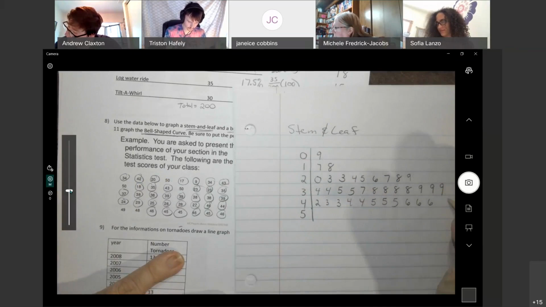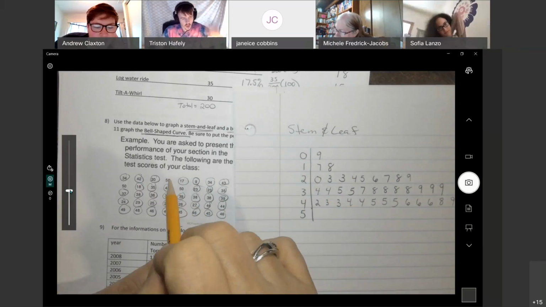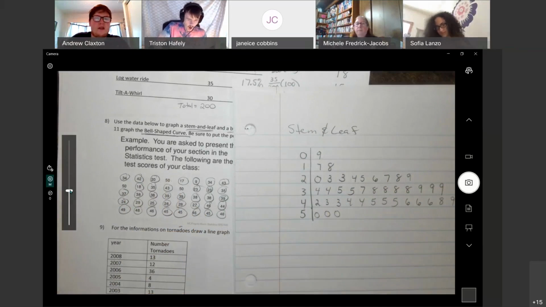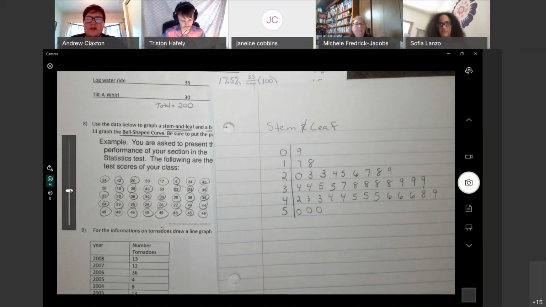A 48 and a 49. And there's 3 50s. Any questions on that?